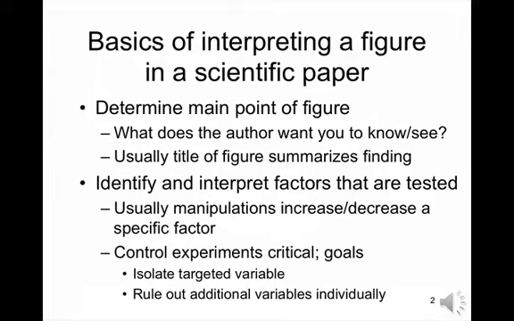So when you're looking at a figure, you always want to start with what's the main point, and then to identify and interpret factors to understand how they make that point and how they conclude from their data the direction that they write about.